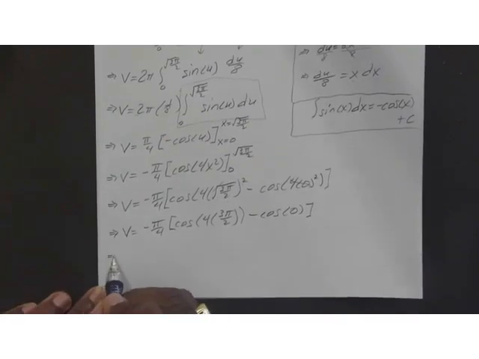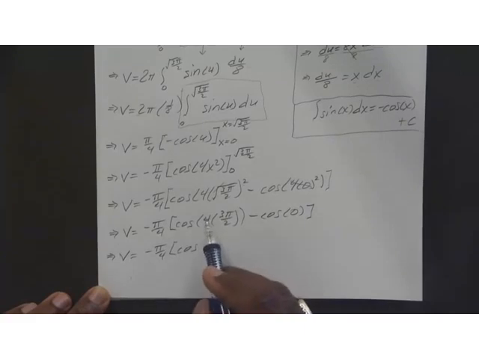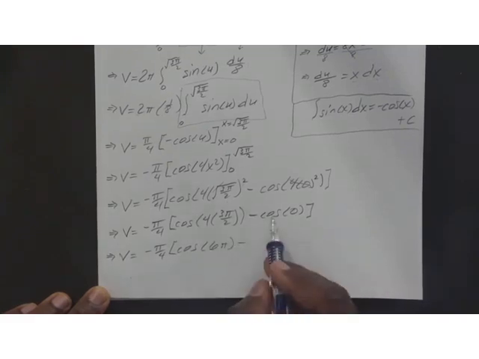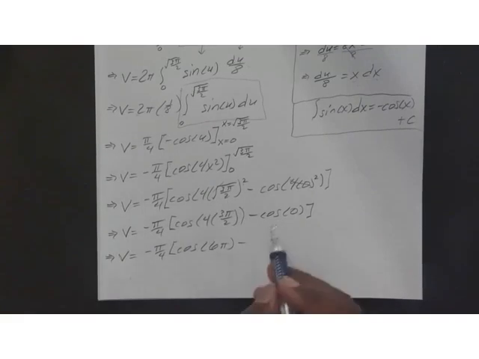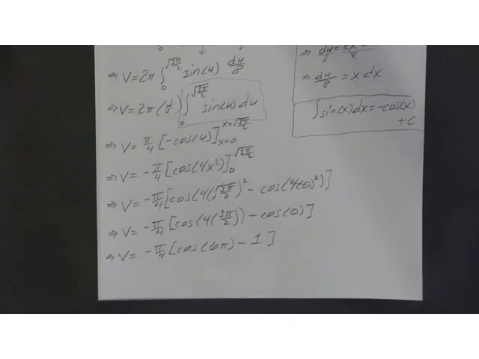All right, so simplifying it a little bit more, we have negative pi over 4. And we have cosine of 4 times 3 pi, so we have 12 pi divided by 2, which is 6 pi. Minus cosine of 0, if you want, you can just replace that with 1, instead of writing cosine of 0 over again.